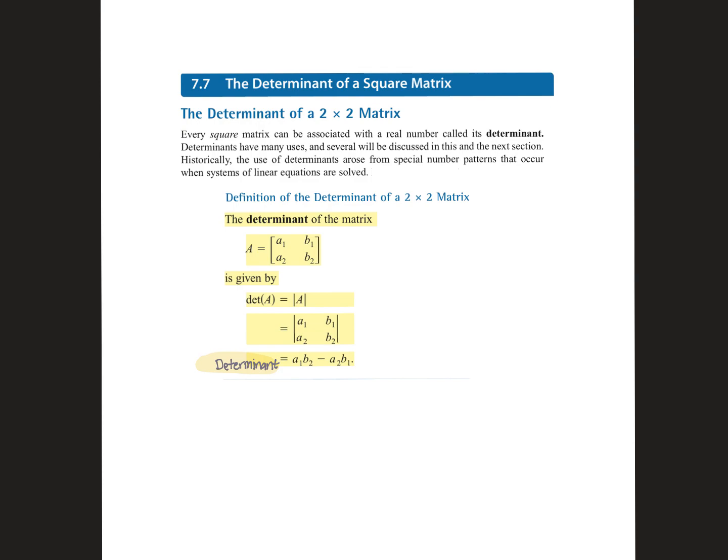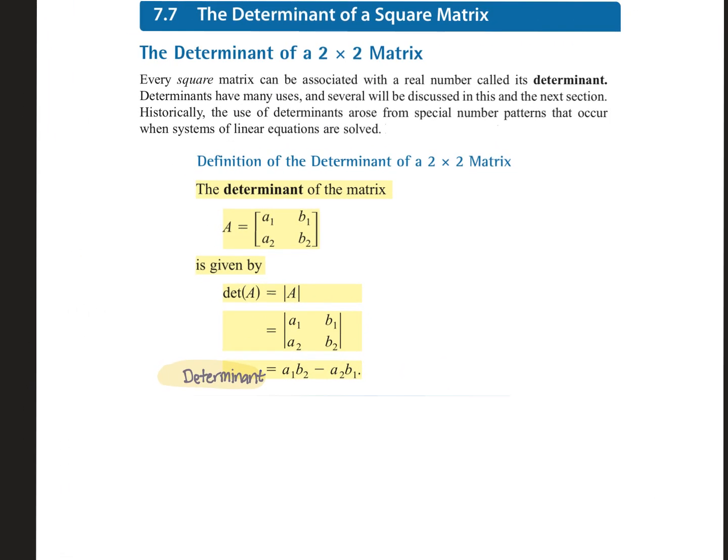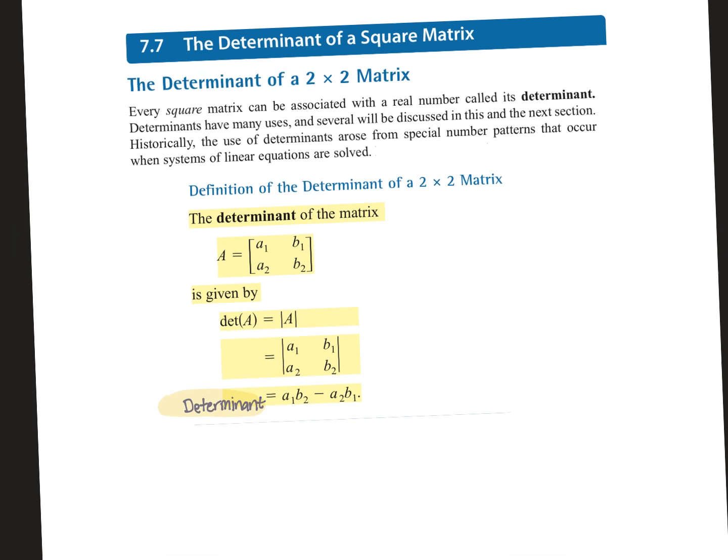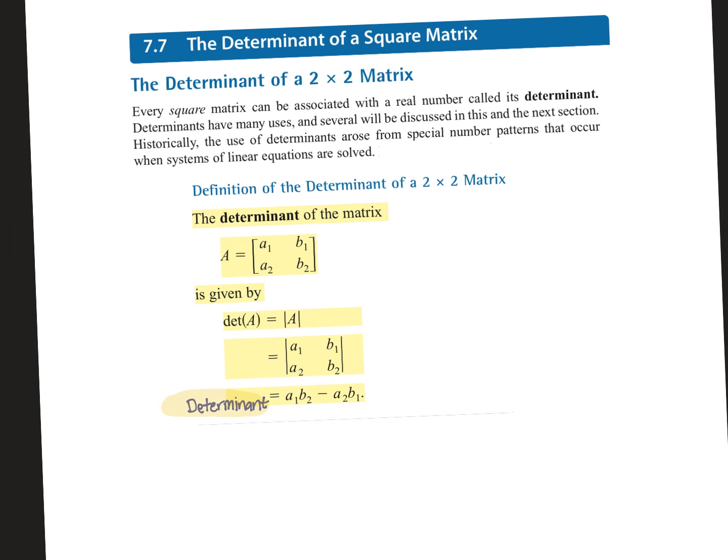So what I want you guys to focus on here is, here's your matrix, right? If we have a square matrix, which is a 2 by 2 square matrix, to find the determinant, you're going to multiply top left and bottom right, and then you're going to subtract that from top right, bottom left.